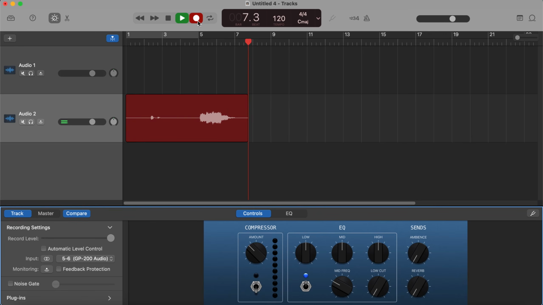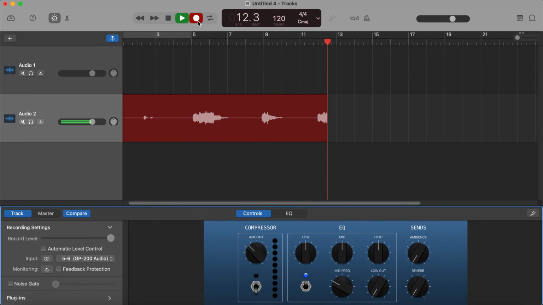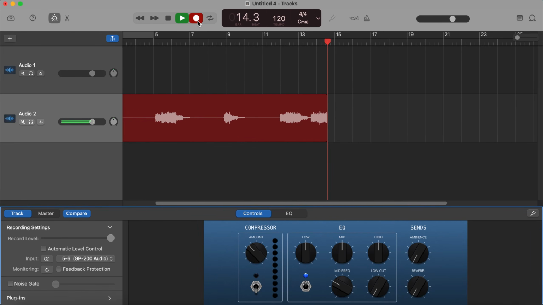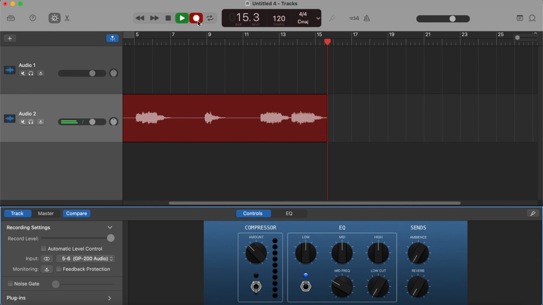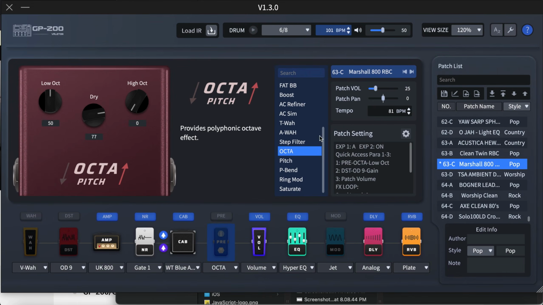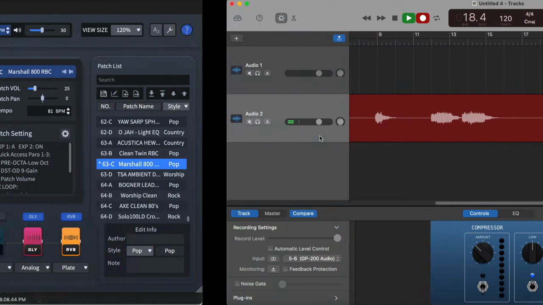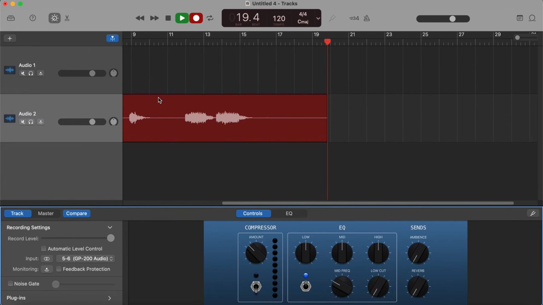Let me turn on the octave. So you realize both left and right, I'm recording in stereo.